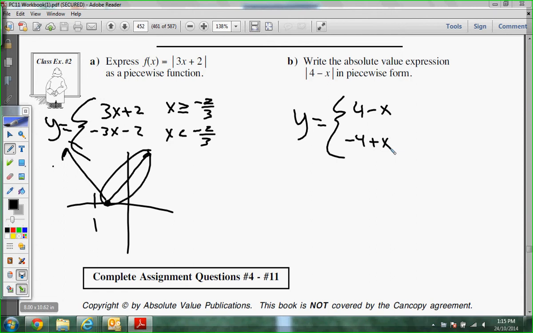What makes 4 minus x 0? What's x have to be? Negative, negative, it's a negative 4. Positive 4, just as simply a positive 4. So positive 4 is my spot where they're going to intersect. So they're going to be right here, something like that.